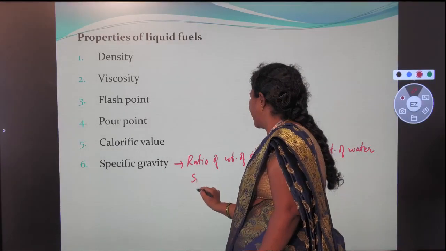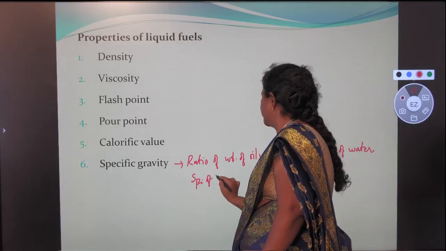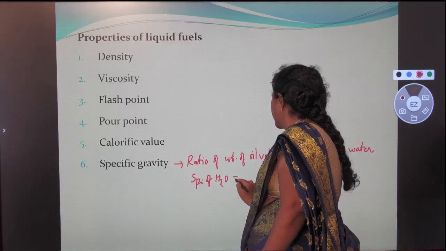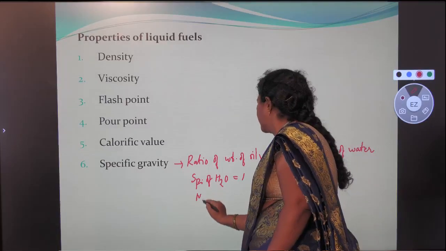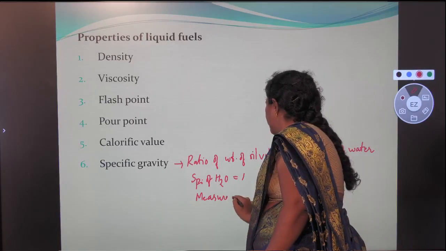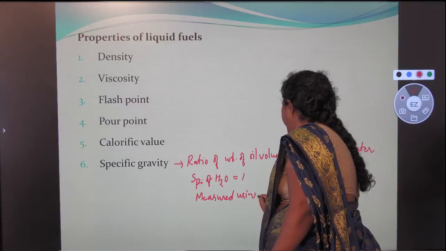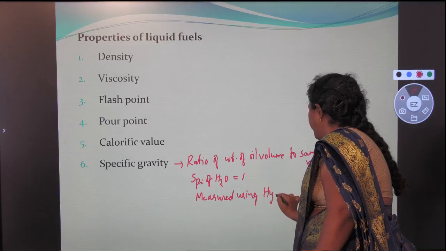If we take the specific gravity of water, it is 1. The specific gravity can be measured using hydrometer.